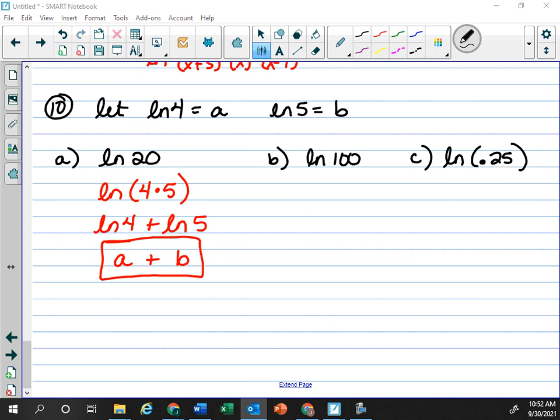Okay, and then what is that one? Yes, could you simplify them?